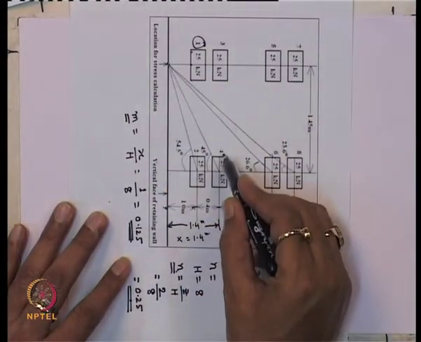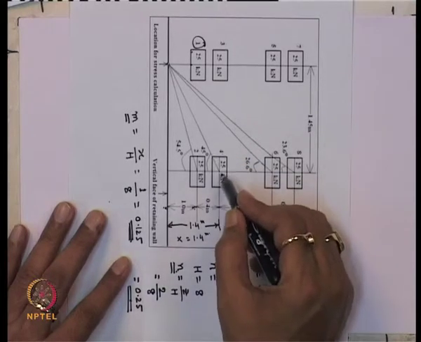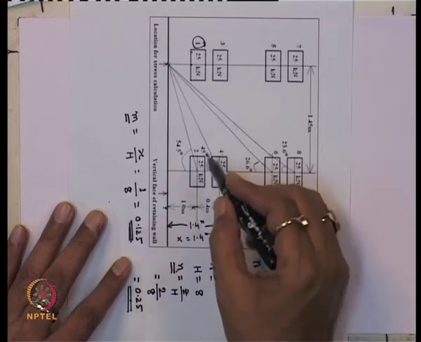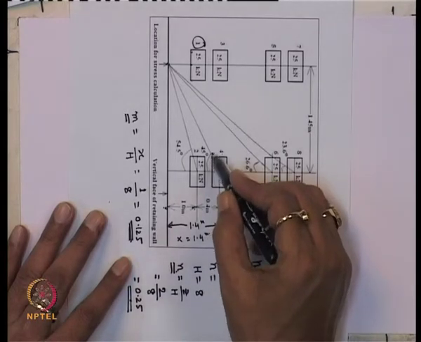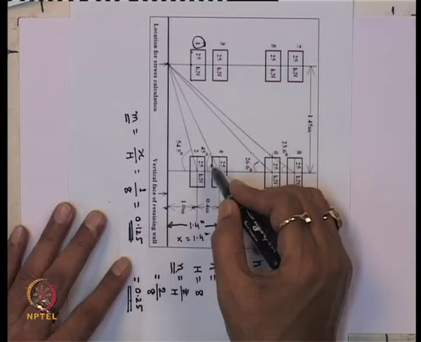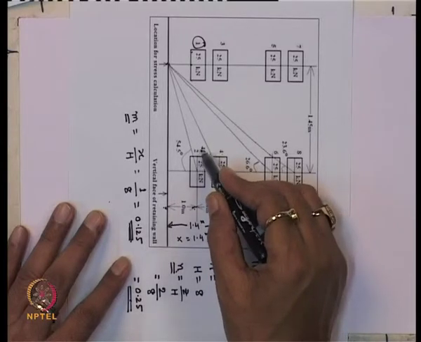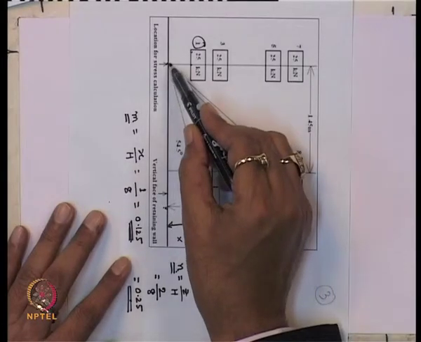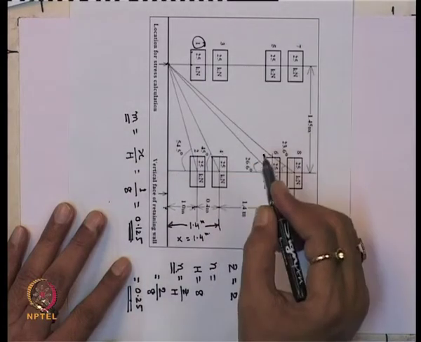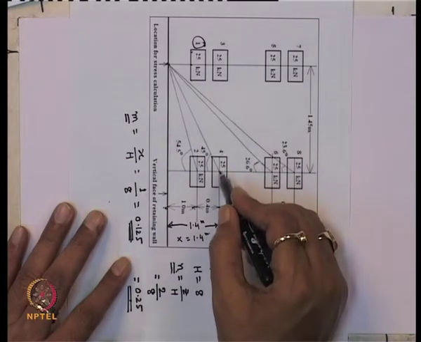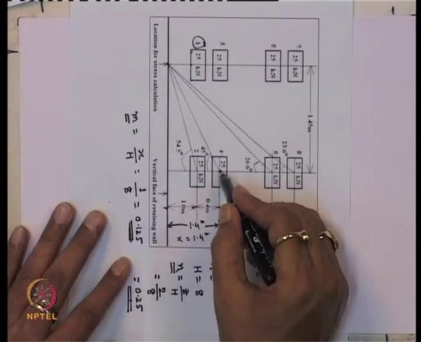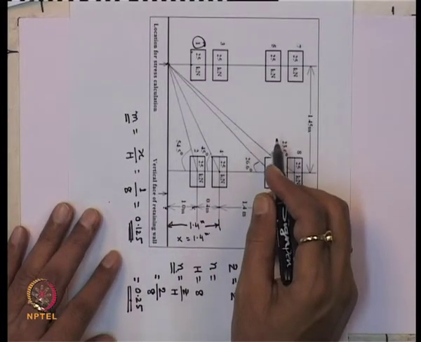This wheel 4 is making an angle of 45 degree. Let us say theta is equal to 45 degree, and you want to measure the stress, which you call sigma h dash.